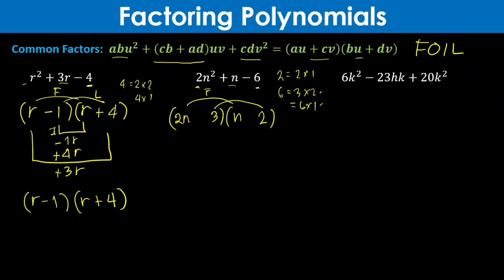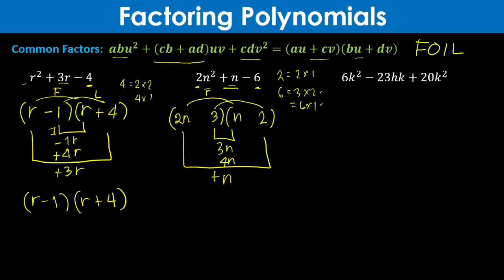Okay, it gives us 6 here. Now here there's a chance it can be equal to 1, because if you multiply the inner, that's 3n, and the outer is 4n. Okay, and then make sure that this will result to plus n, which is equal to the middle.